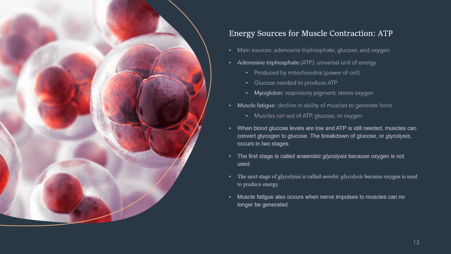It goes into a little bit further explanation: besides this ATP energy that's produced by the power of the cell, the mitochondria, we also need to have glucose and oxygen in order for that ATP power to happen.